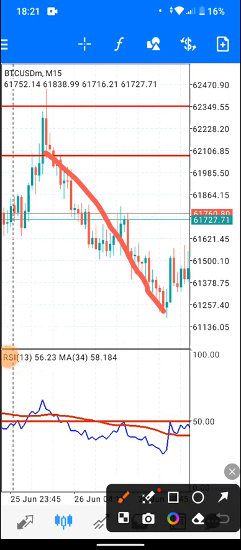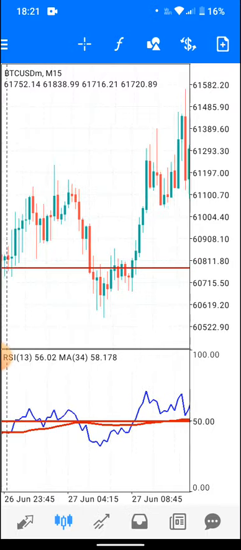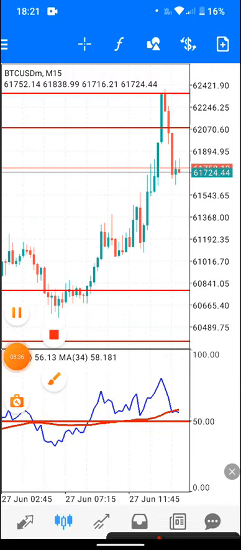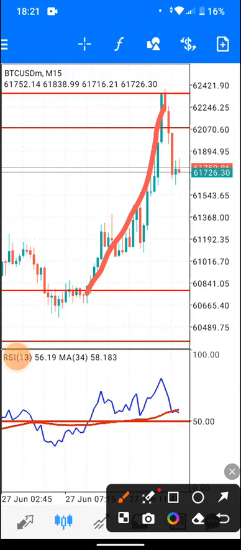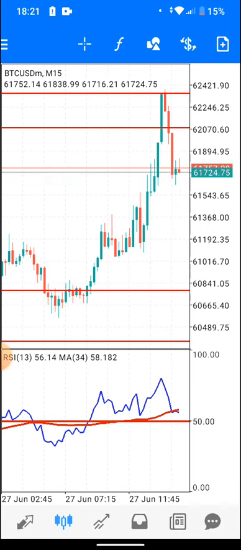You see price drops down to this bottom, then you come here, you see price drops down, then this is our support. See price moves up. Now price in the lower time frame, like the 15 minutes, is currently in the resistance area. So you see the market is dropping down. You want to take a sell trade here, then when the market drops down and reaches this support, you want to take a buy trade.